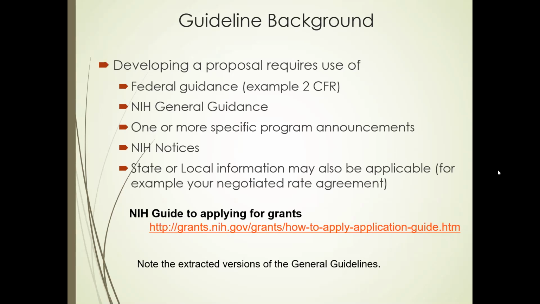And so to make it a little easier to understand, they made extracted versions for each of these different types of submissions. So if you're primarily interested in research related submissions, you can go to this link and pull down a version that doesn't have all those little extra side notes on fellowships and training and things like that. So it makes it a lot easier to understand.